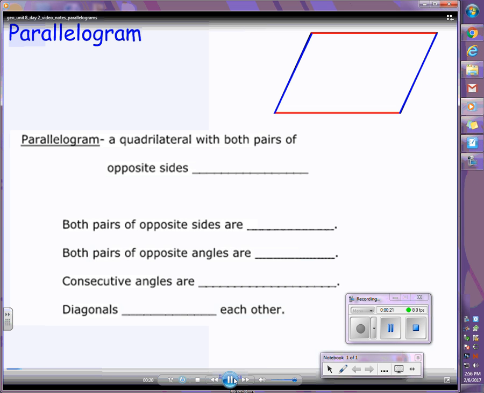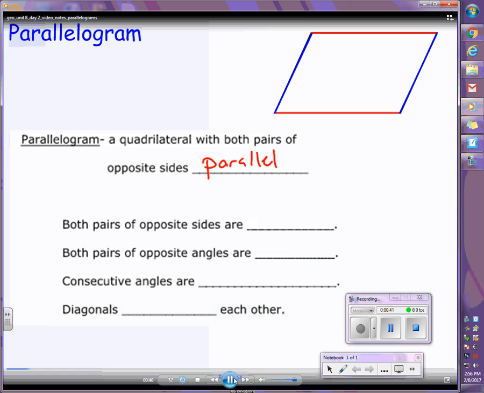And then as we go through each one of these statements, we're going to add the appropriate information to the picture. So the first thing you need to know about a parallelogram is that it is a quadrilateral with both pairs of opposite sides parallel.